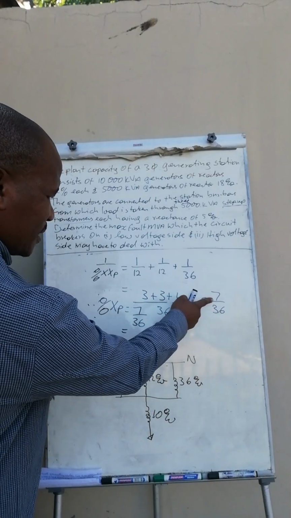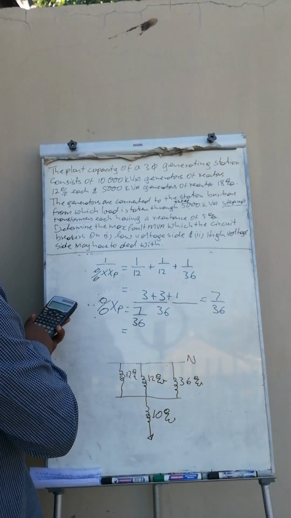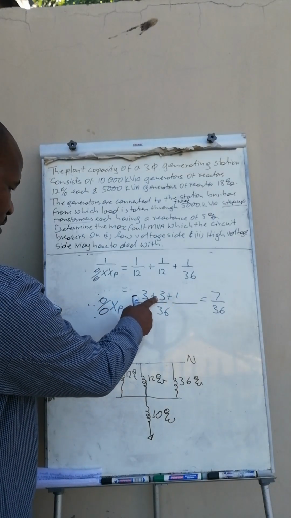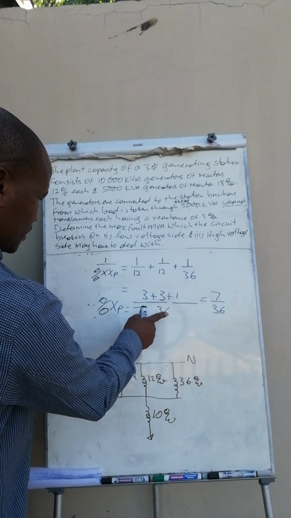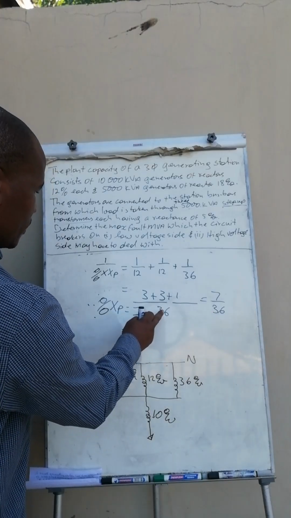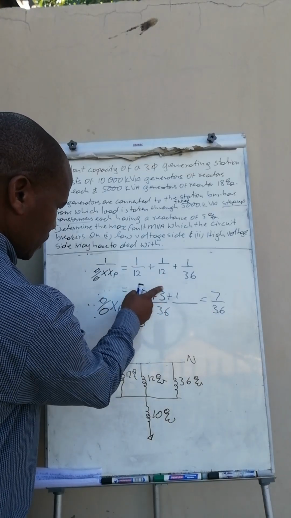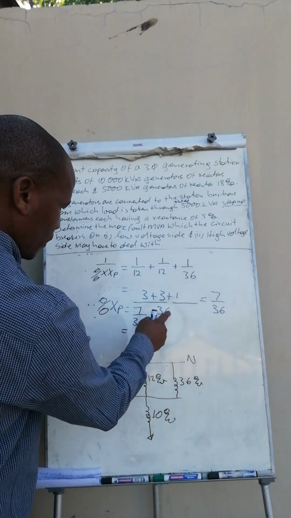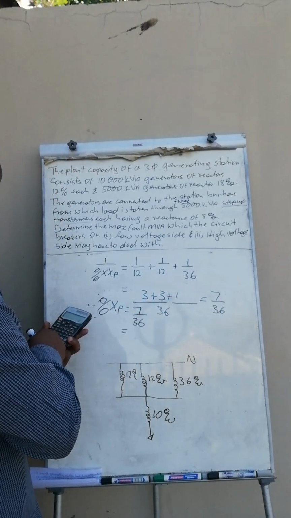This into that, it's 0. Is it 7? 3 plus 3. This into this 3 times: 3, 12, 24, 36. And then 3 times 1 is 3 plus 12. This one once. This is equal to 7 over 36.